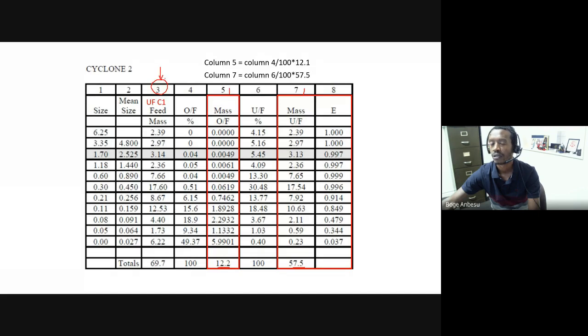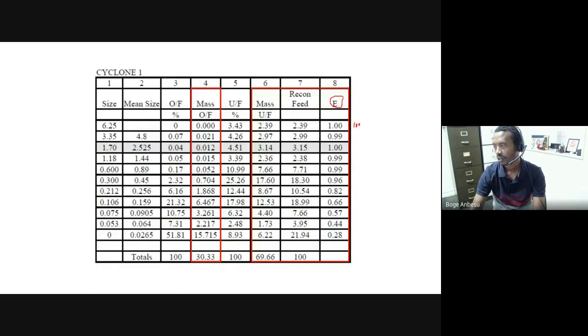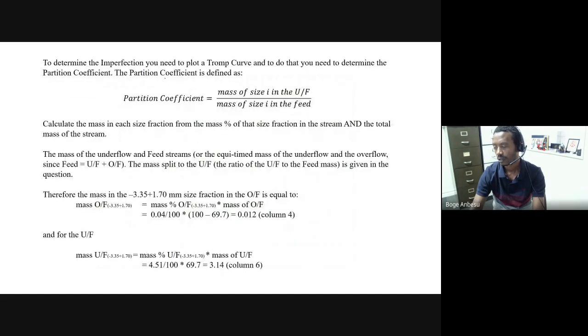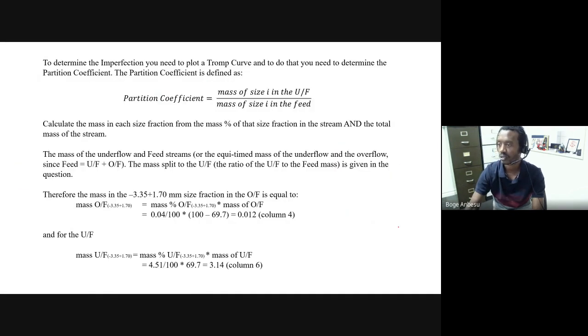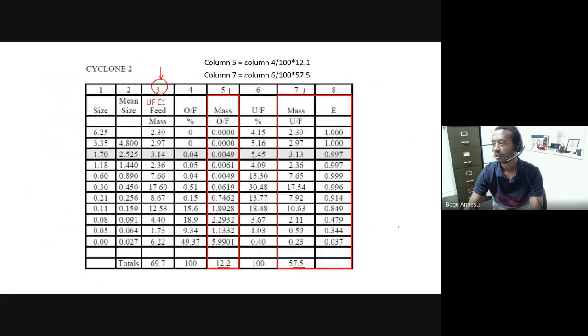Okay. So the feed for the second cyclone can be obtained by just taking the underflow from the first, or by adding overflow and underflow for the second cyclone. Either way, it should be very similar to this one.